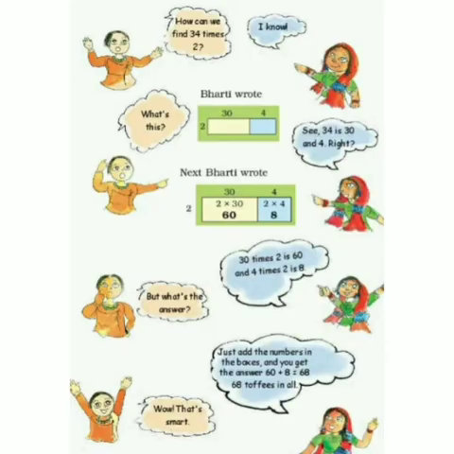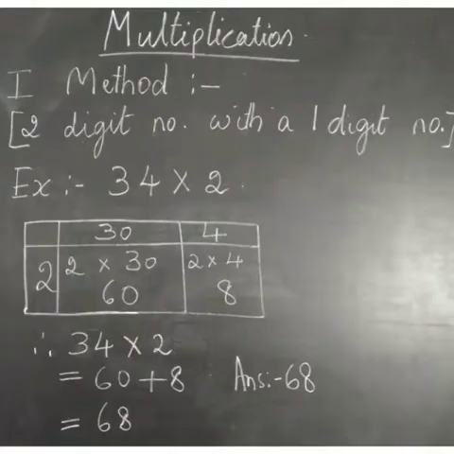Now children, here he has explained it to you in detail, but I will explain in short. Now children, you know how to write in expansion form. Now 34 we can write as 30 plus 4.